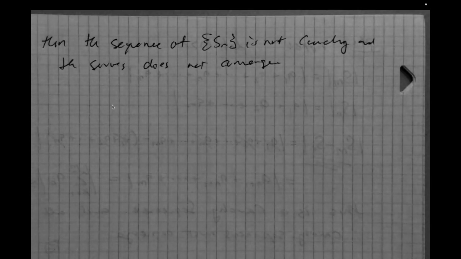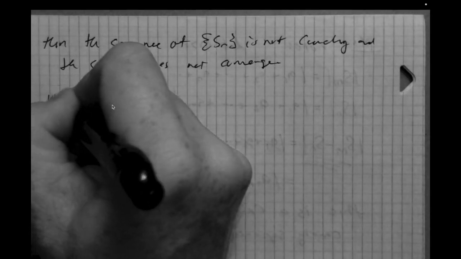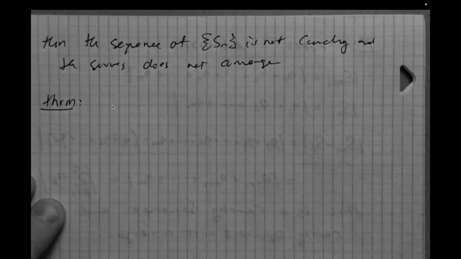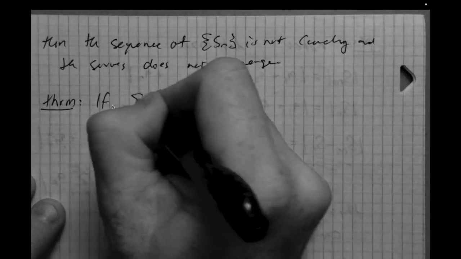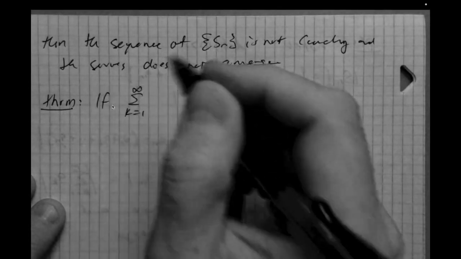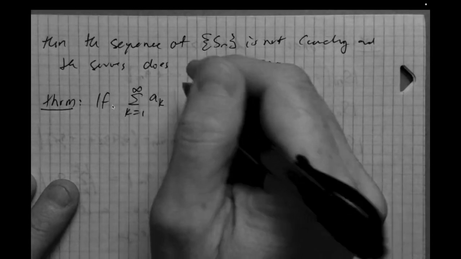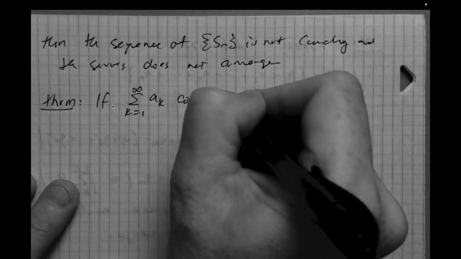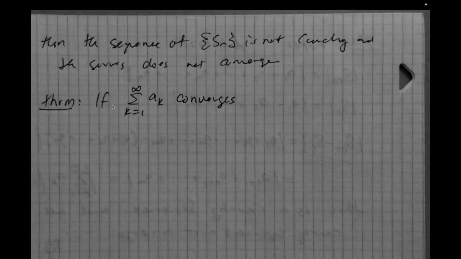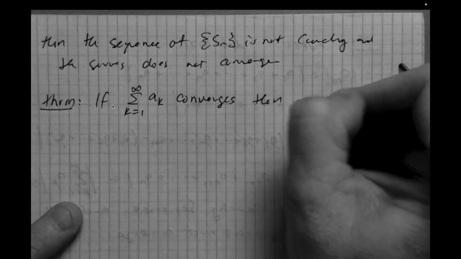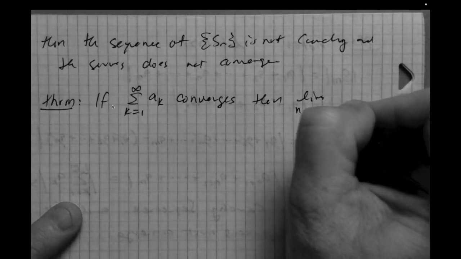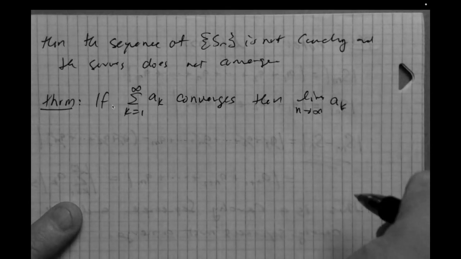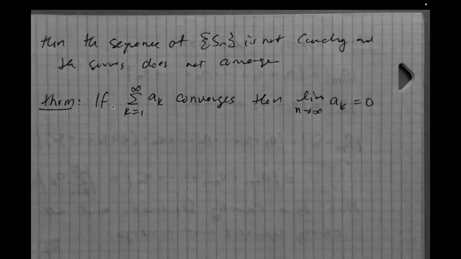Okay, and then a nice little follow-on theorem to that one is this. If the sum from k equals 1 to infinity of a sub k converges to a finite number, then the limit as k goes to infinity of a sub k must equal 0.